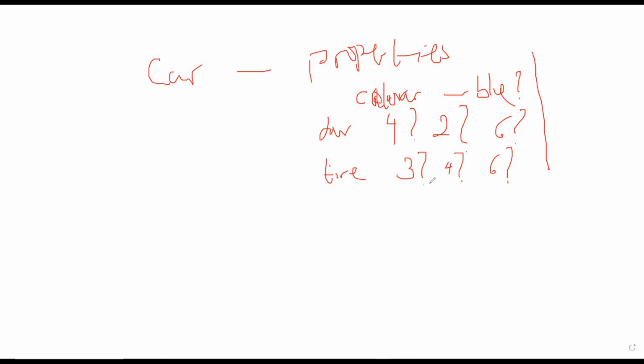Now, methods are functions that belong to an object. So in this car object, a car can move.